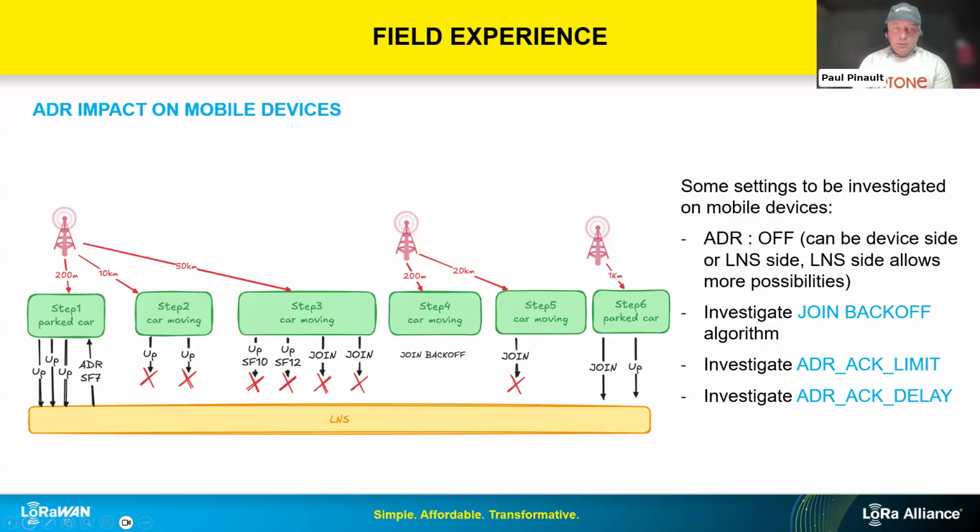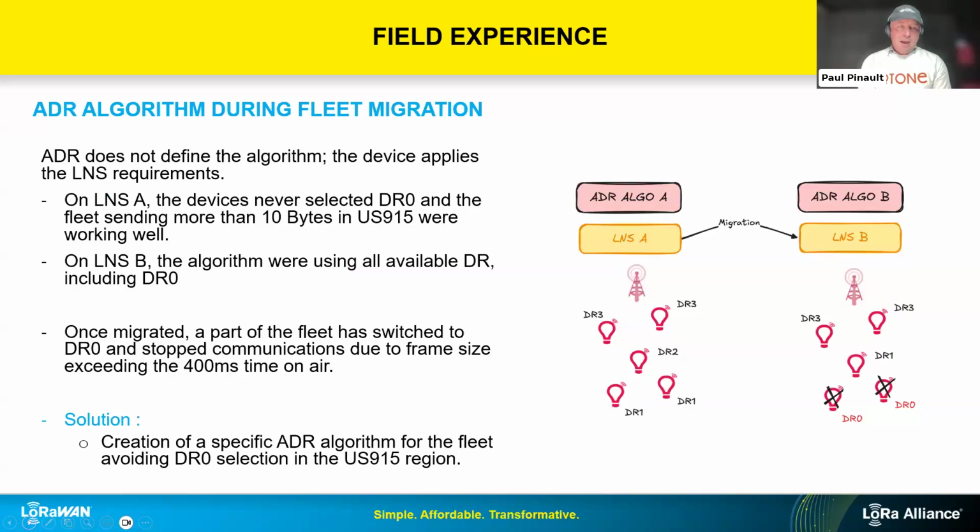And due to join backoff, potentially the join can happen only once a day. So your car can take days before being able to reconnect to the network in such a configuration. So you have to understand this, and once you understand it well, you can use it safely. We can go to the next slide, please.